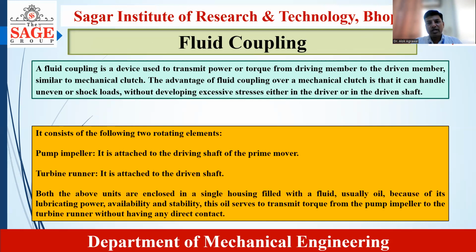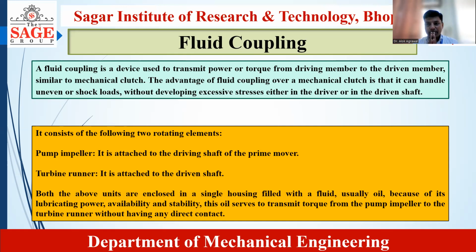The only difference is that in a mechanical clutch, the two components are in contact where the power needs to be transmitted. But here in fluid coupling, the transmission of power takes place from the driving member to the driven member without any physical contact or any mechanical linkage. It is taking place purely with the help of fluid.